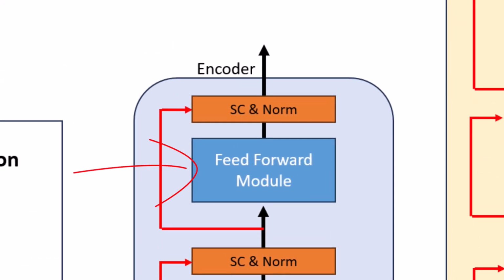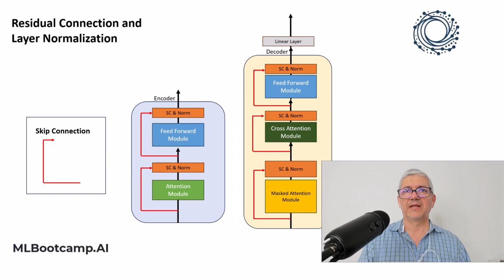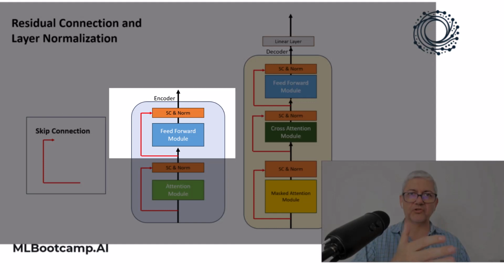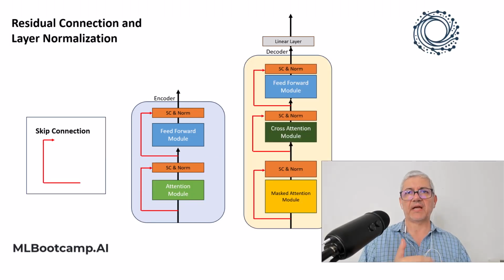This process ensures that the network doesn't lose vital information from the original input even as it goes deeper. In the case of the layer normalization, after each one of these steps, meaning post self-attention and post the FFNN, layer normalization is applied.